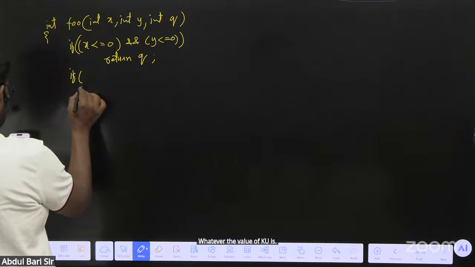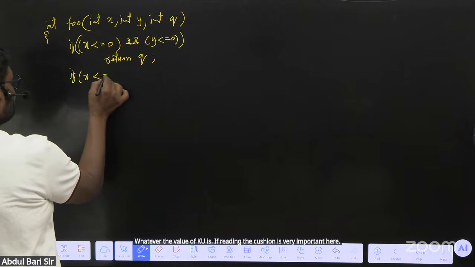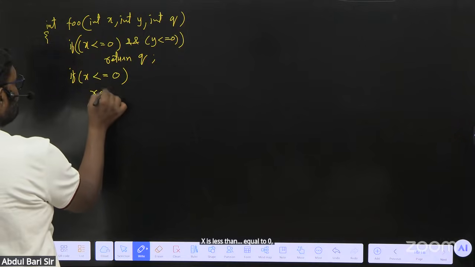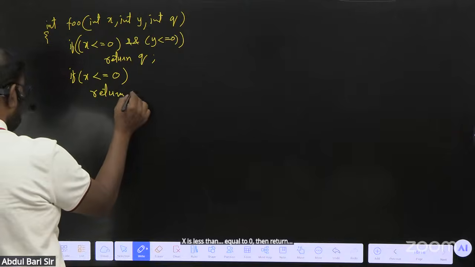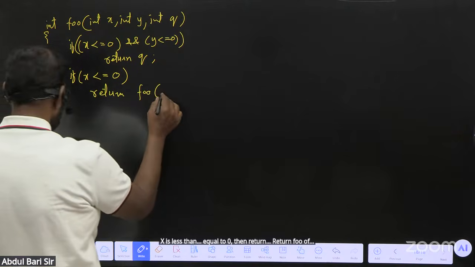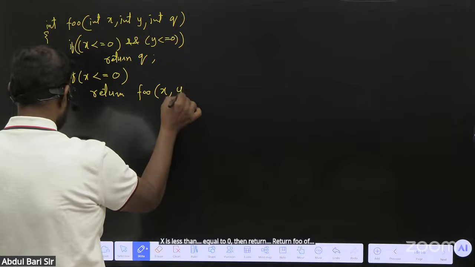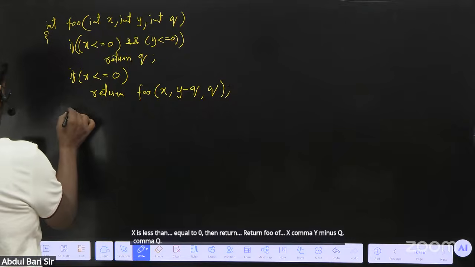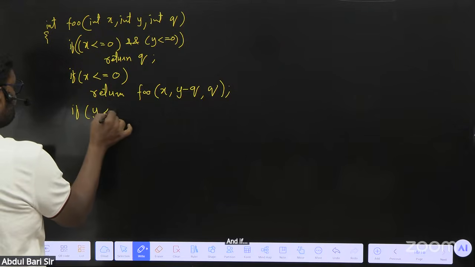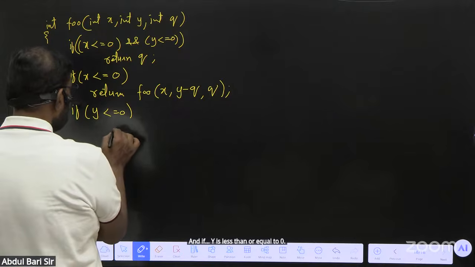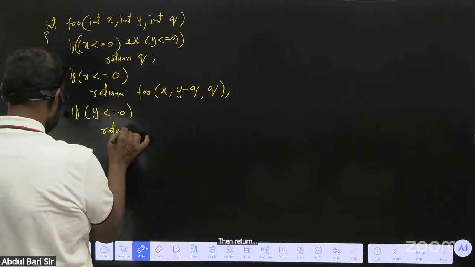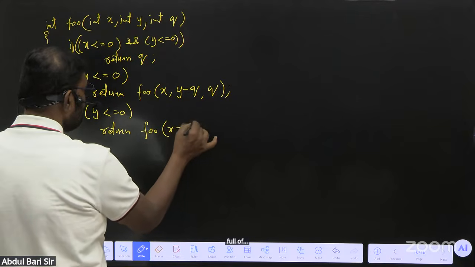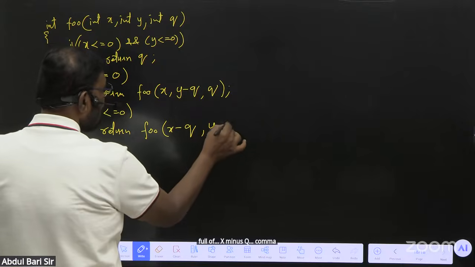Reading the question is very important here. If x is less than or equal to 0, then return foo of x comma y minus q comma q. And if y is less than or equal to 0, then return foo of x minus q comma y comma q.